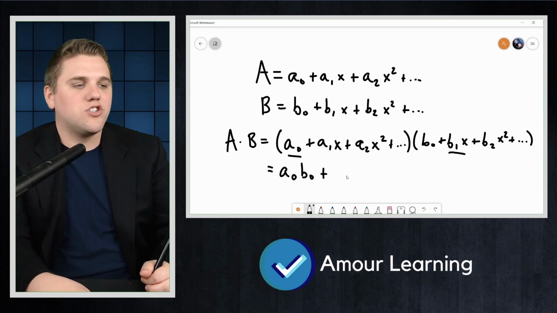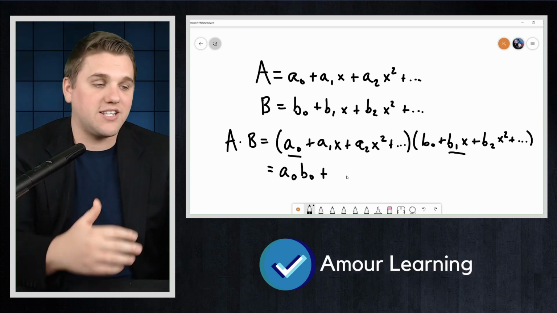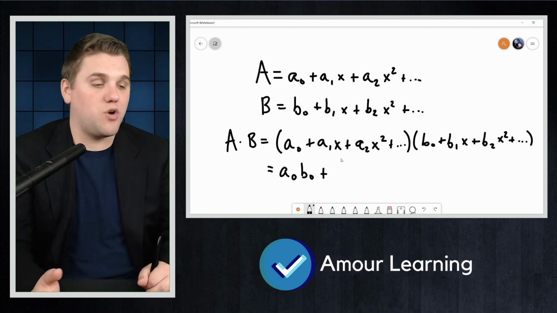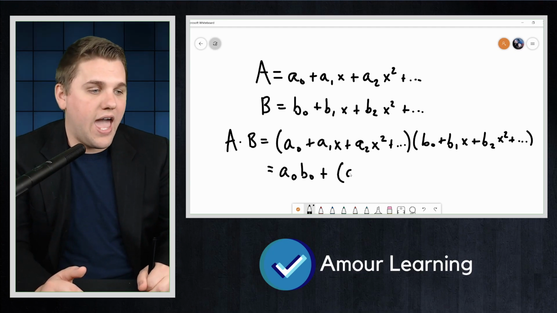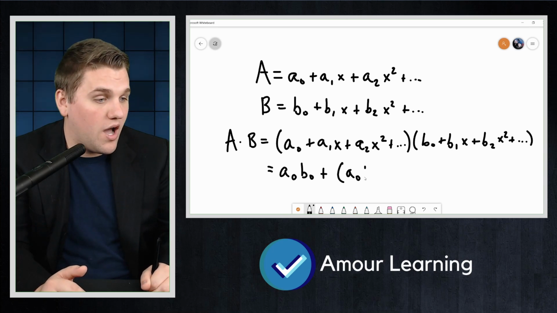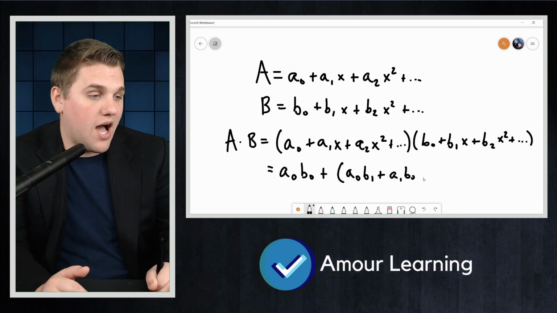That's another way. So there are two ways of getting exactly 1x. And so the coefficient for x would be a0 times b1 plus a1 times b0.